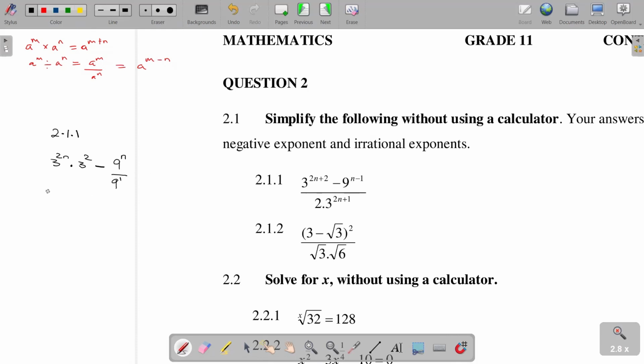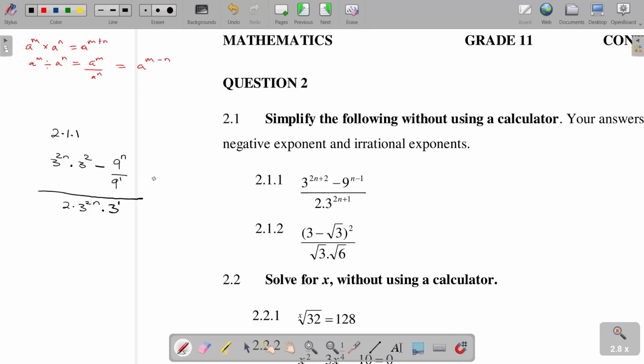Then over 2, then 3 to the power 2n, applying the first rule, times 3 to the power 1. Perfect.